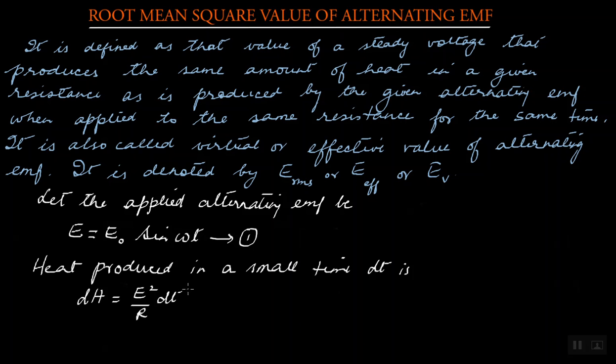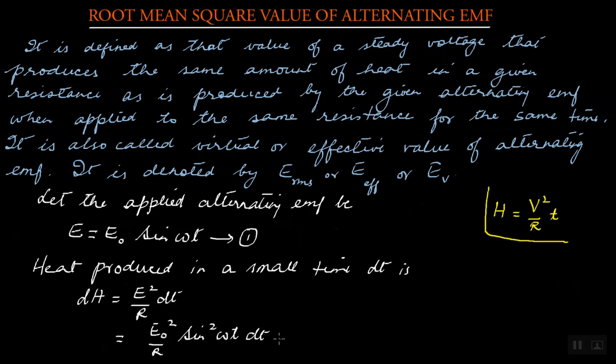Which formula did we use? We used Joule's law of heating, H equals V square by R T. We substitute this E with the expression, and we get E naught square by R sine square omega t dt.